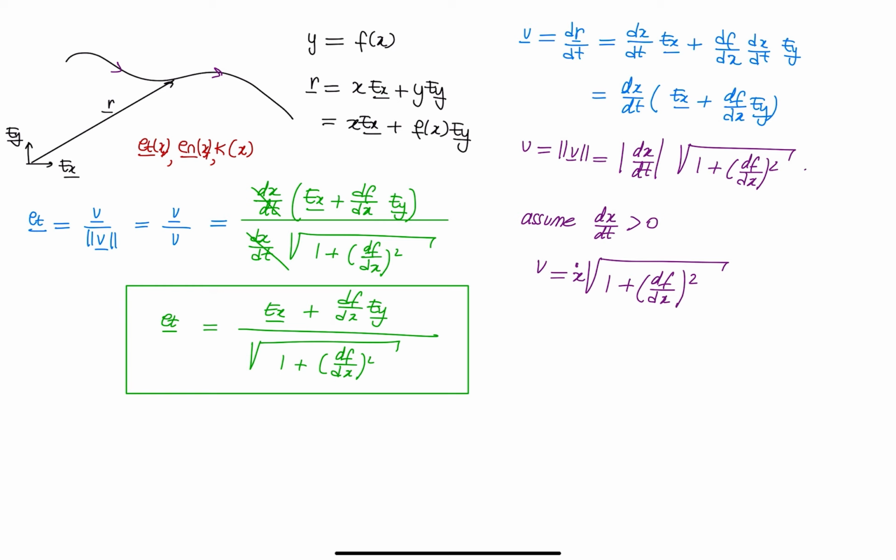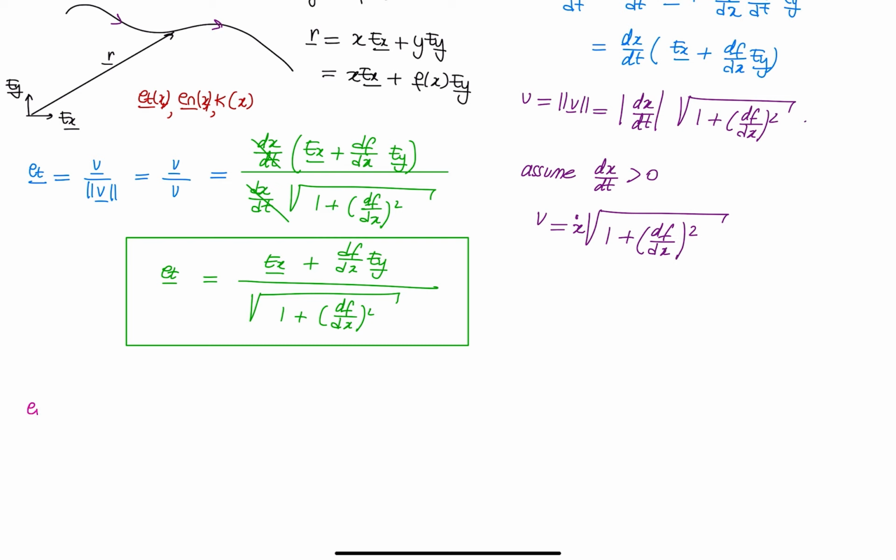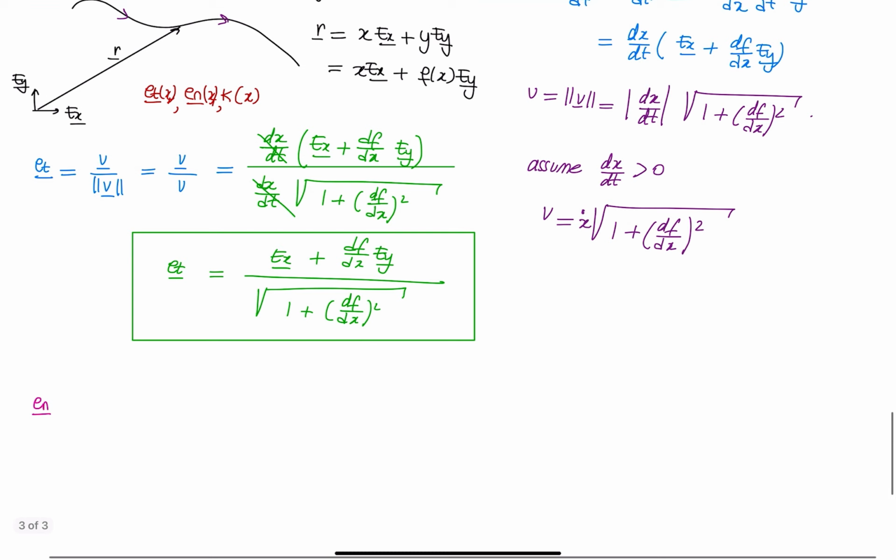So next, we want to calculate e_n. And e_n comes up in many situations. We can calculate e_n as coming up from a is equal to v dot e_t plus kappa v squared e_n.